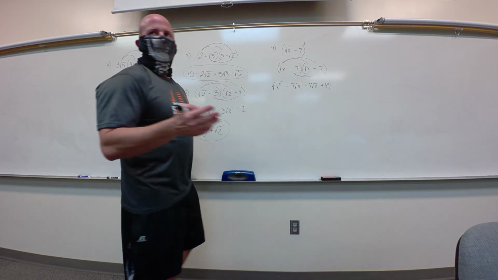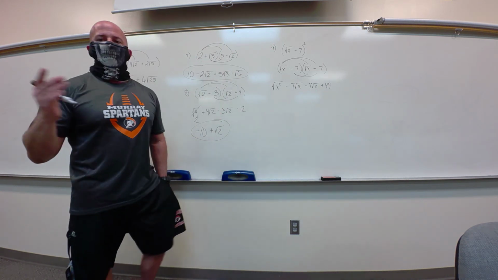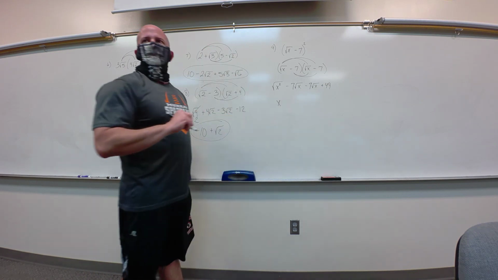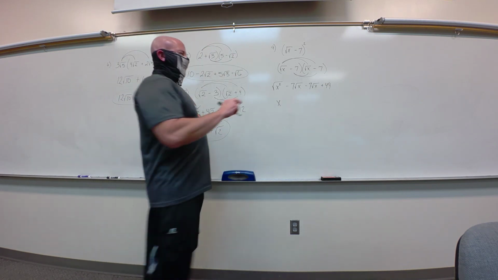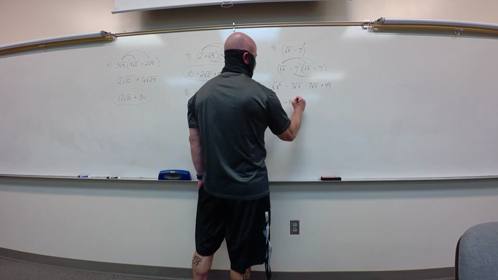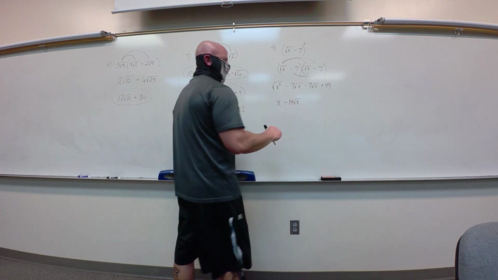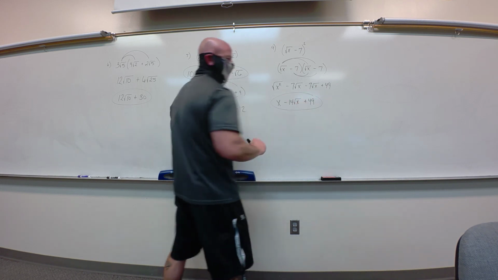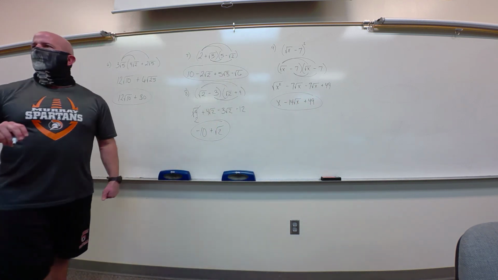And then I'm looking for things to simplify. Square root of x squared, there's my x. Negative 7 root x and negative 7 root x are like terms. That'd be negative 14 root x. And then plus 49, there's nothing else I can really do there. I don't have anything else that's like at that point.